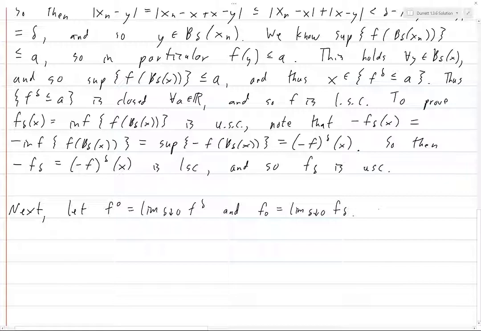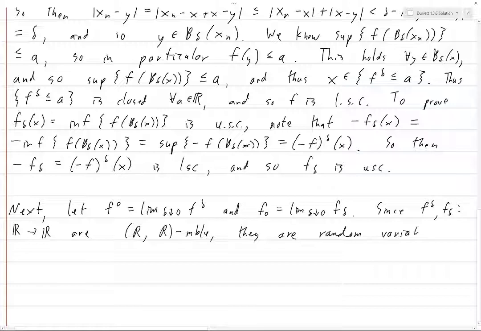Since f upper delta and f lower delta are real valued functions, and they are Borel measurable, so they are measurable from R to R, they are random variables.